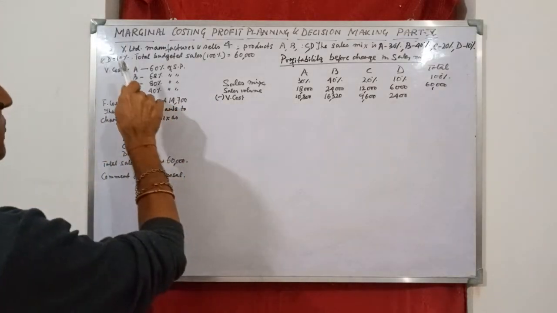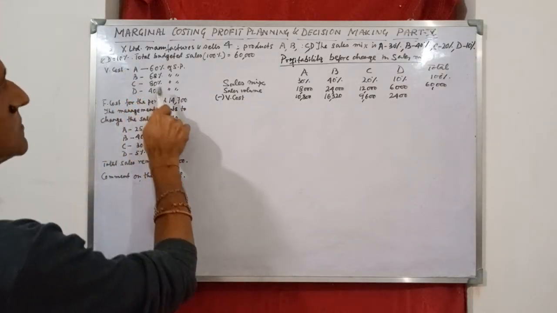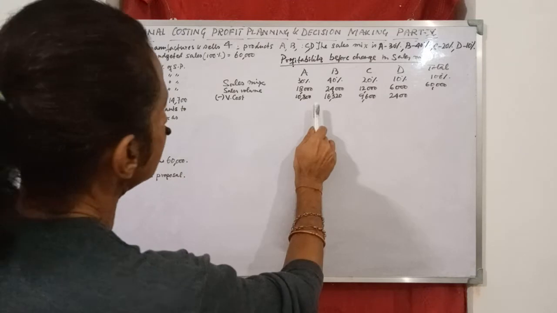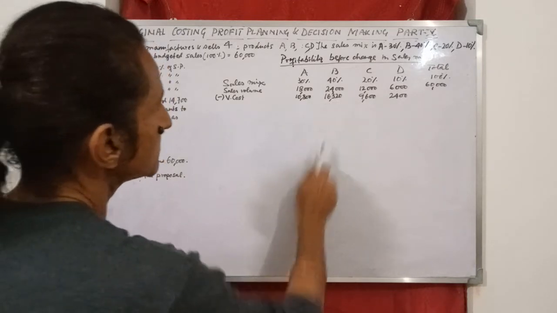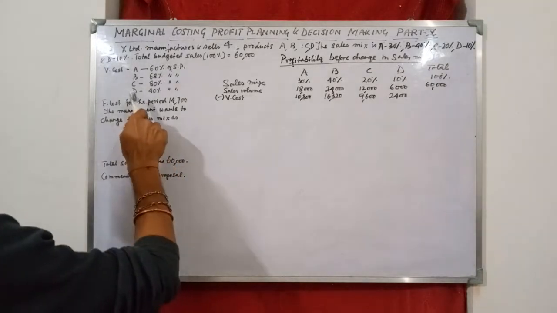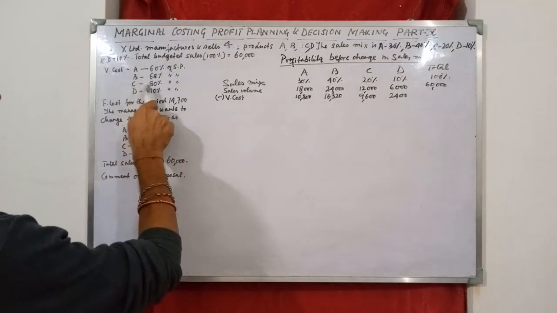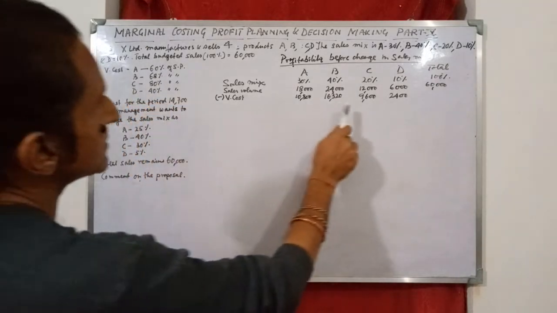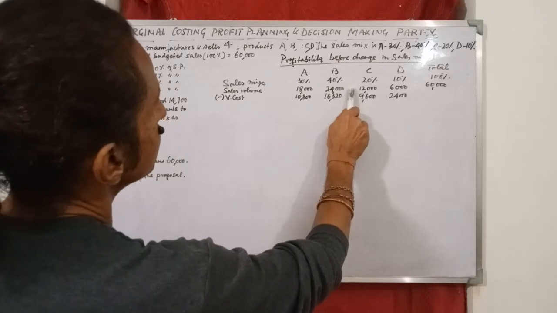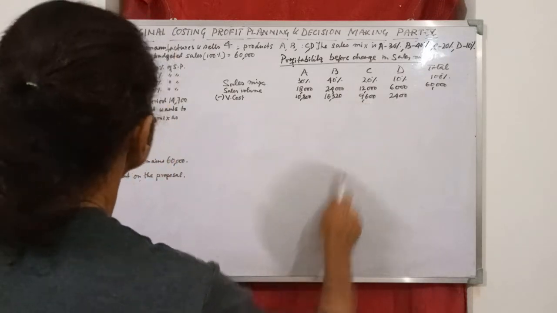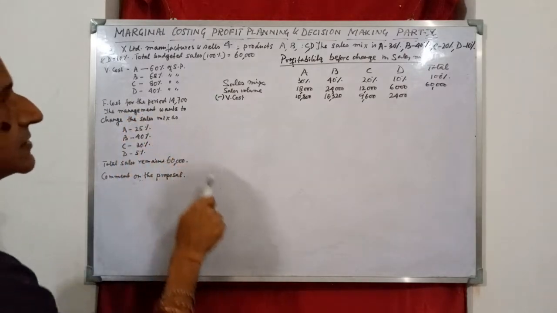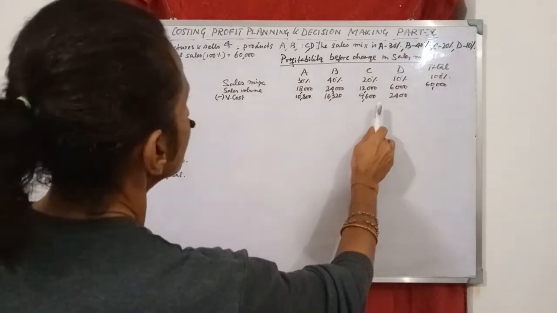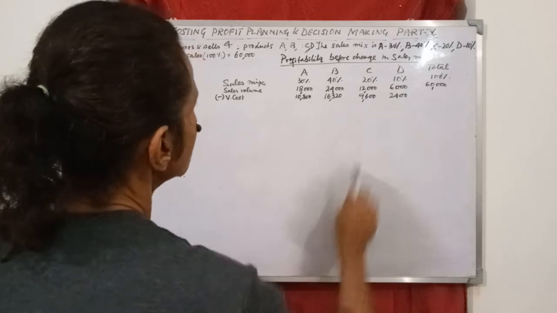Variable cost of product B is 68% of selling price, that is 68% of 24,000, that is 16,320. Variable cost of producing C is 80% of selling price, that is 80% of 12,000, that is 9,600. And variable cost of D is 40% of selling price, so 40% of 6,000, that is 2,400.